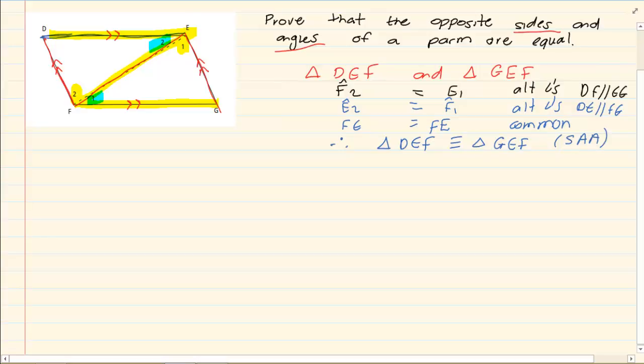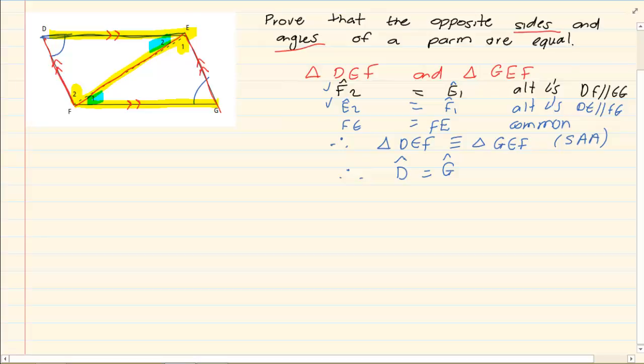Now remember we said when you prove that two triangles are congruent, immediately they have three sides and three angles that are equal. Now we've got that the two angles are equal, right? We've already proven that. So the remaining angles have to be equal. Therefore, D is equal to G, right?